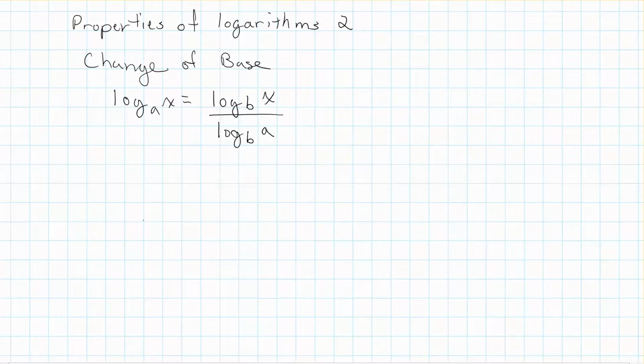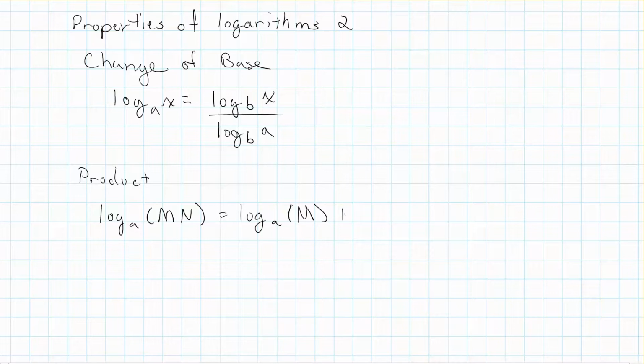But then we had three other log properties, and there was the product property, and that was if you had the log base a of m times n, this was equal to the log base a of m plus the log base a of n.